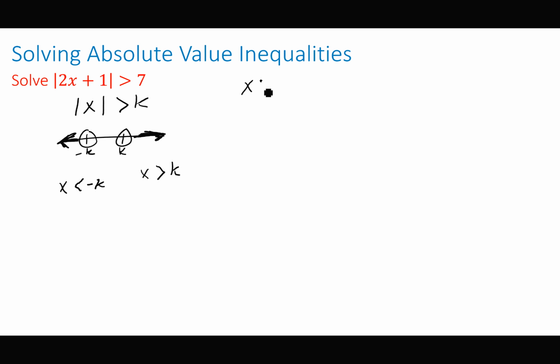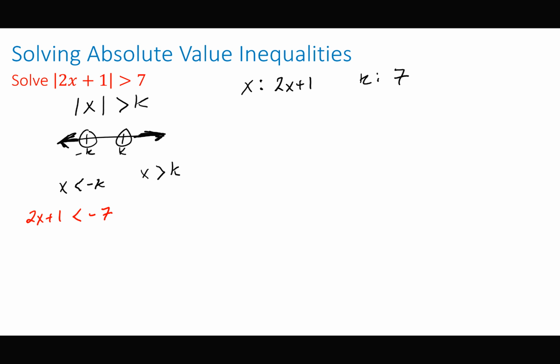From here, I can identify, well, really my x in this problem is 2x plus 1. My k in this problem is 7. So now I can start filling in. So 2x plus 1 has to be less than a negative 7. So if you don't follow this roadmap, there's a good chance you're not going to recognize that this actually has to be negative 7.